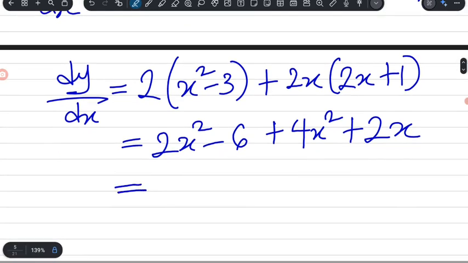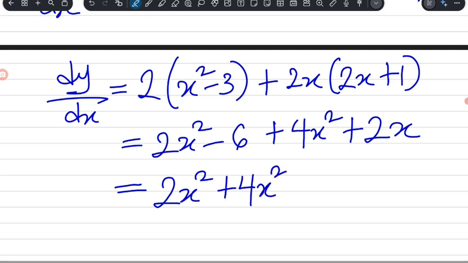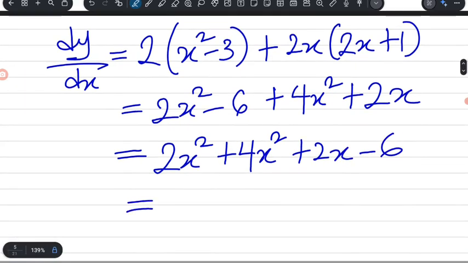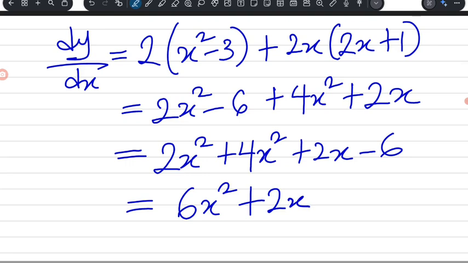Let's collect the like terms to have 2x squared plus 4x squared plus 2x minus 6. So we have 6x squared plus 2x minus 6. So this is the final answer for that example.